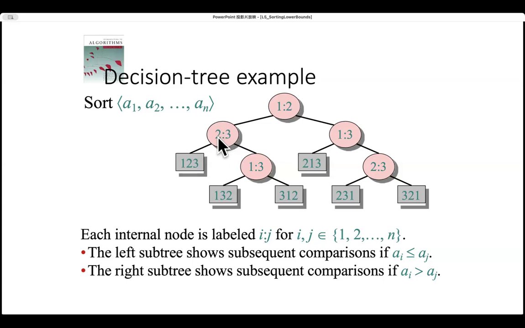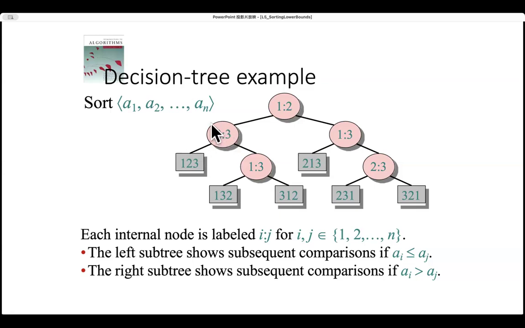If the second number is smaller than the third number, then obviously we have a clear idea about the order of these three numbers, because the first number is smaller than the second number, and the second number is smaller than the third number. So the order of these numbers will be 1, 2, 3, right?